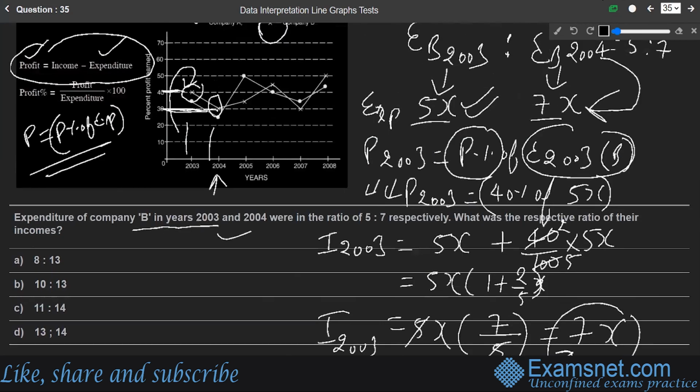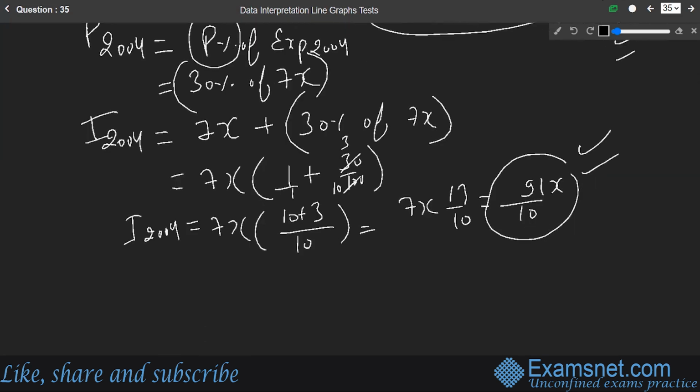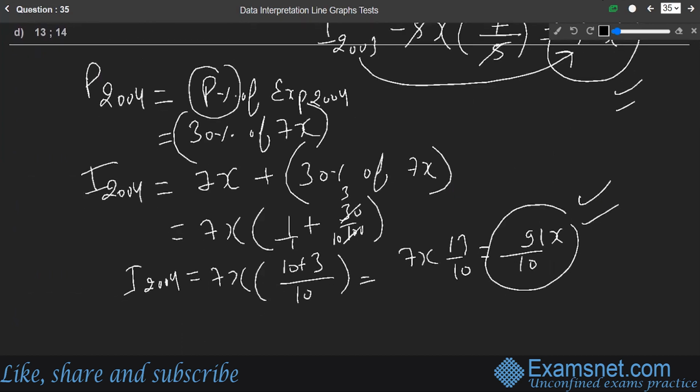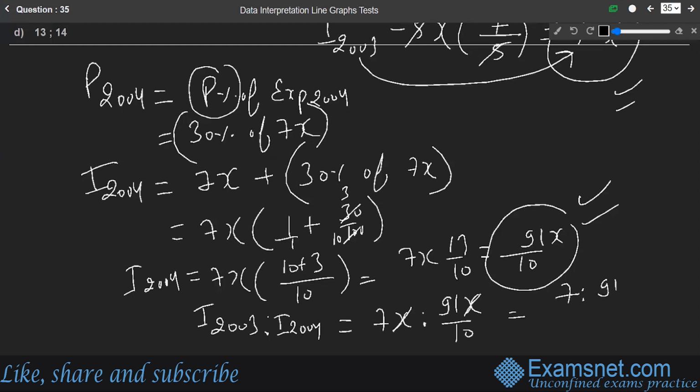We have been asked to find the respective ratio of their incomes. So obviously 2003 is to 2004 we have to find out. Income of 2003 is 7x, so the income of 2003 to the income of 2004 is 7x to 91x by 10. So clearly x and x get cancelled and it becomes 7 is to 91 by 10.